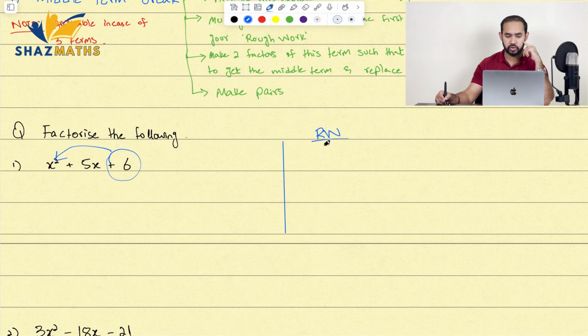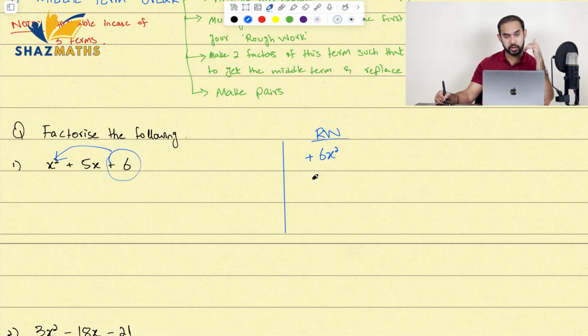So that's what I'm going to do. I multiplied the third term, that is plus 6. Now make sure you always consider the sign as well. Please do not ignore the sign of the term. All right, so plus 6 will be multiplied with plus x square, and I will get plus 6x square as a result.